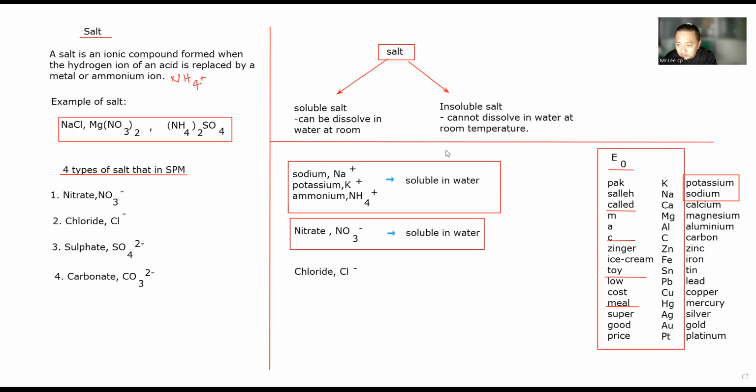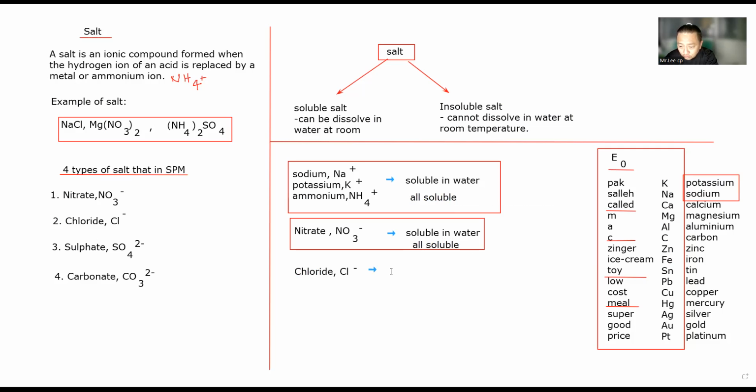哎呀，我要怎样知道？I said nitrate, all soluble. Now, chloride is not all soluble, all right?